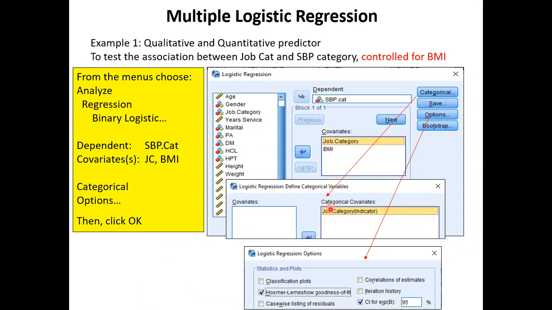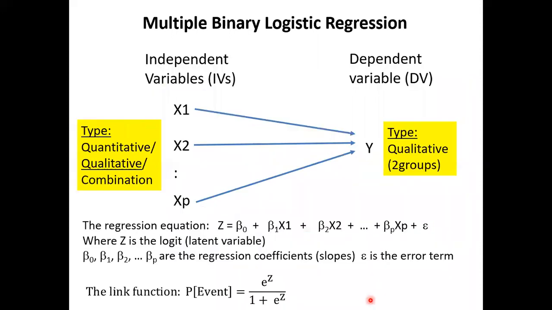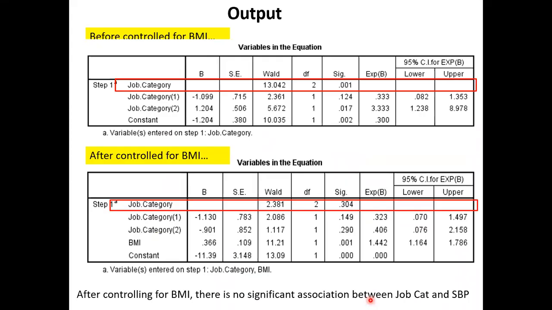Because job category is qualitative, select categorical, bring job category inside, and the 95% CI. Look at the output. Okay, look at the output. The first one, look at the next one here.